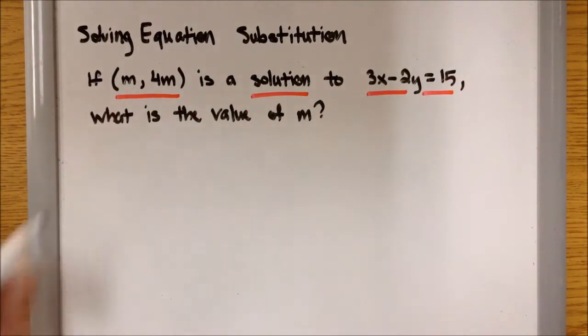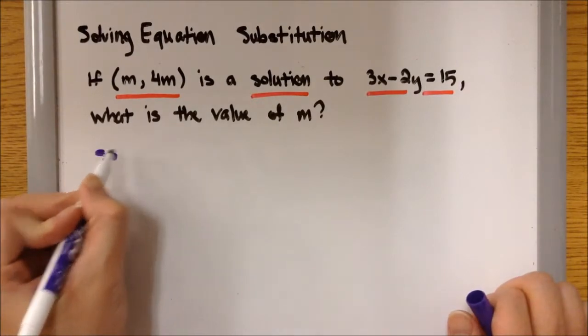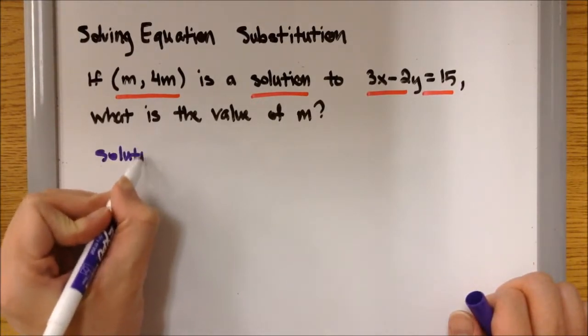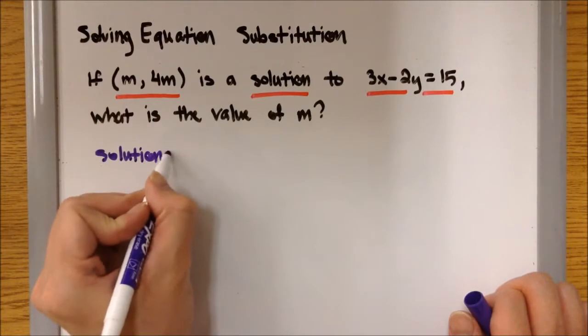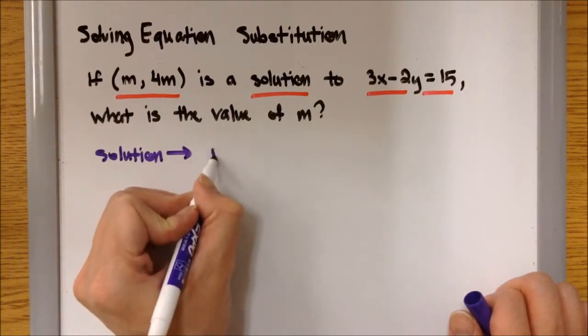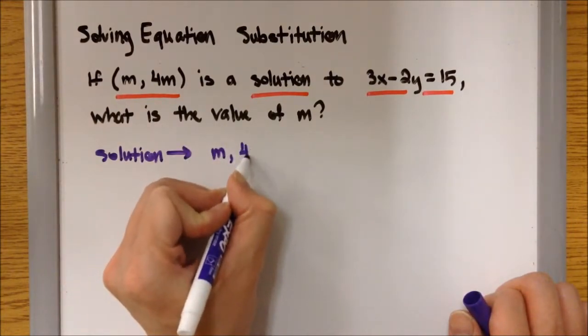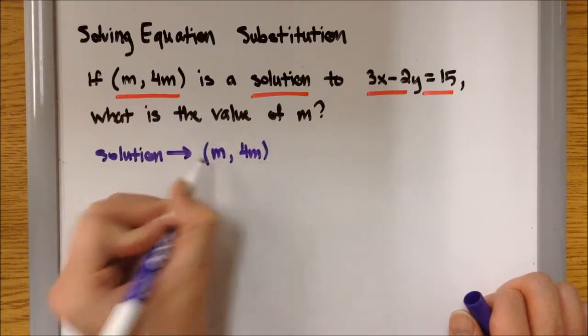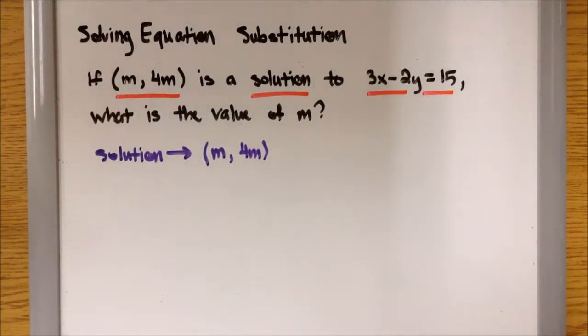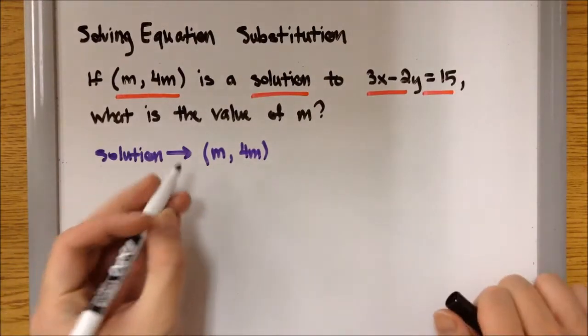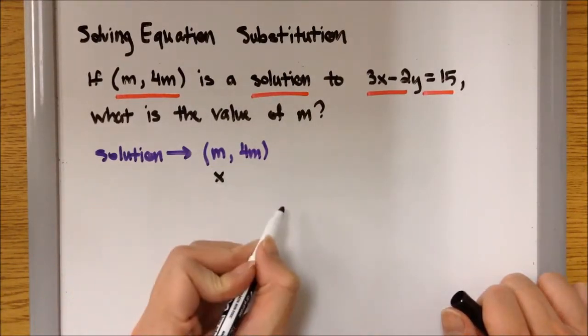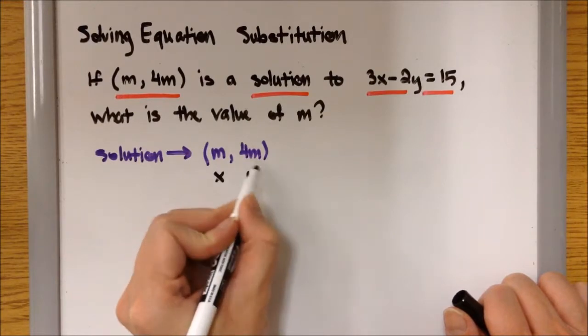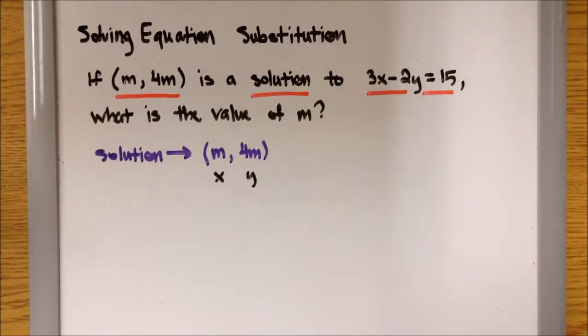So our solution is m, 4m. Now it's a coordinate point, and a coordinate point always has an x and a y. So in this case, our x is m and our y is 4m. So that's what we know.